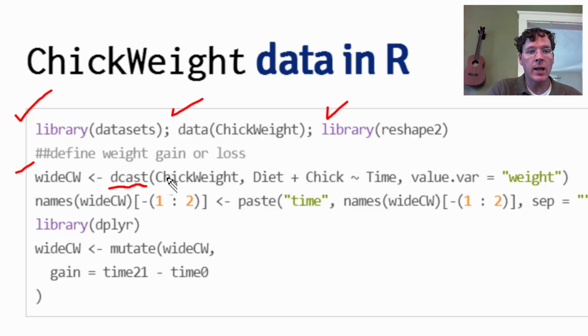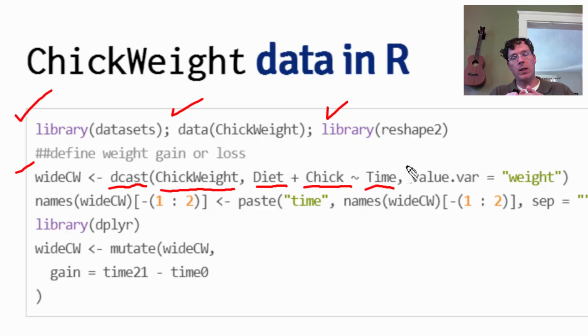So we want to dcast this chick weight data frame, and the variables diet and chick are the things that are staying the same, and the time variable is the one that's going to get converted from a long format to a wide format.